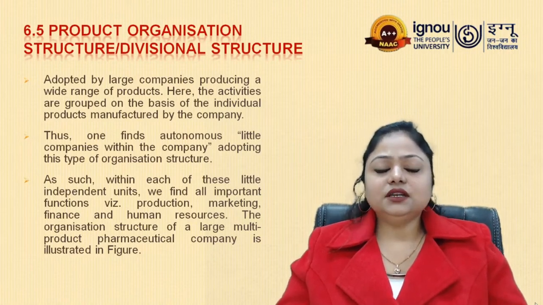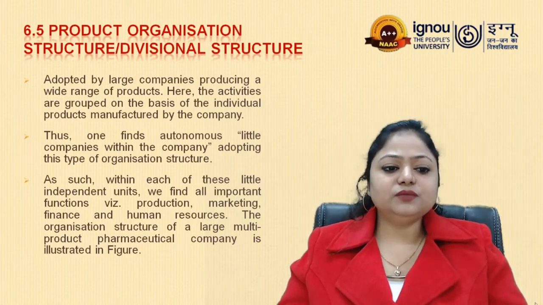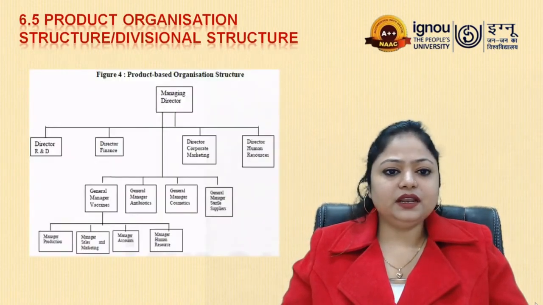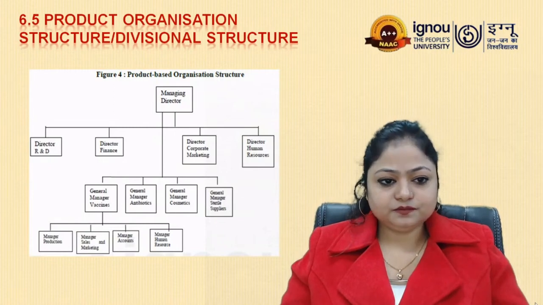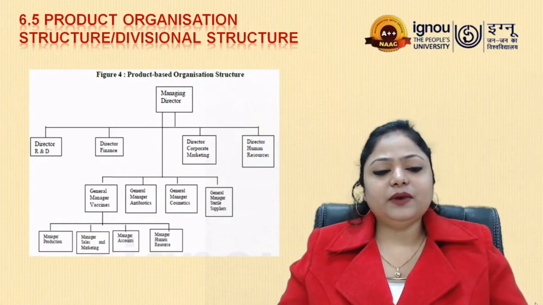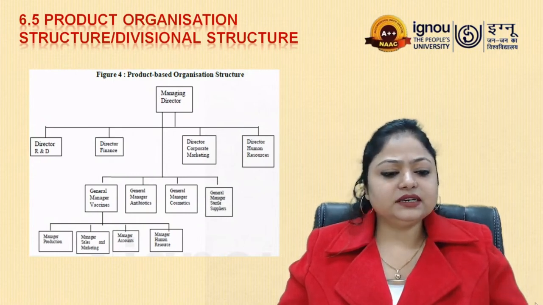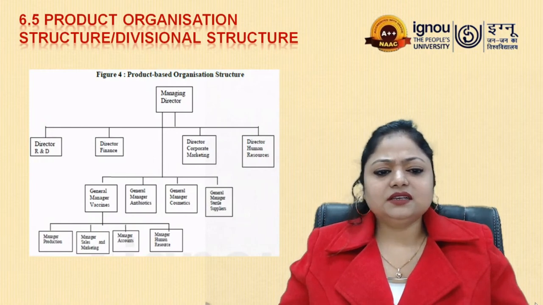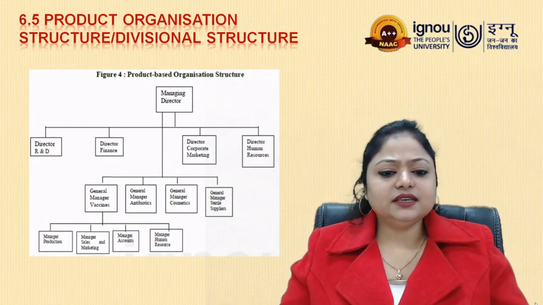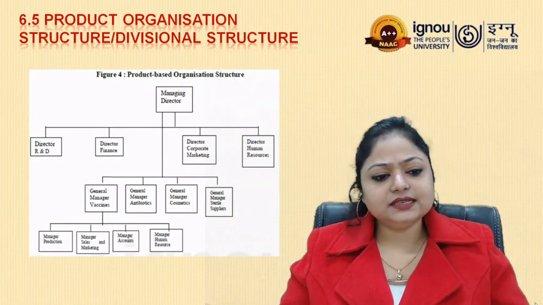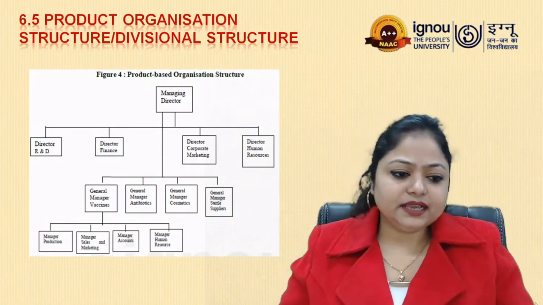So the organizational structure of a large multi-product pharmaceutical company, for example, can look like this. There could be a managing director, and different sub-departments with their own directors, and then there will be general managers for cosmetics, manufacturing vaccines, sterile supplies and sanitary supplies.